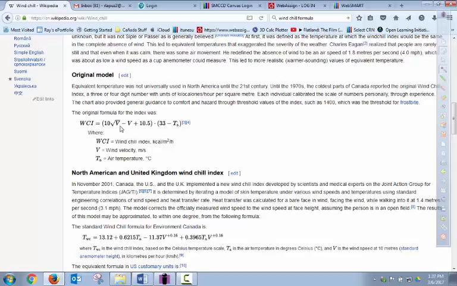It's 10 root V minus V plus 10.5 times 33 minus T. Oh, this is in meters per second and Celsius. So just do the conversion from Celsius to Fahrenheit and then the meters to feet, and then you'd be all good.